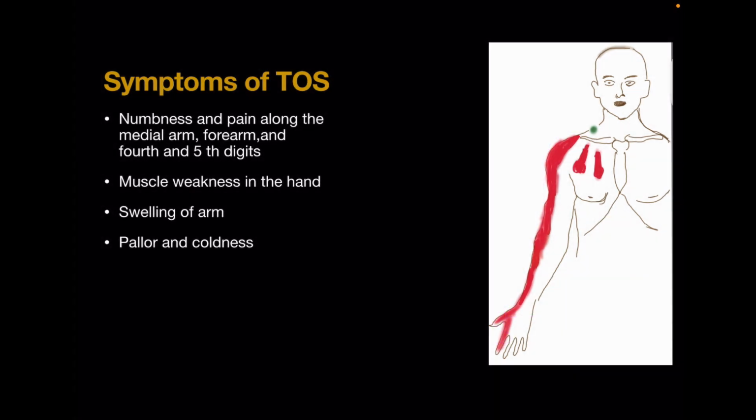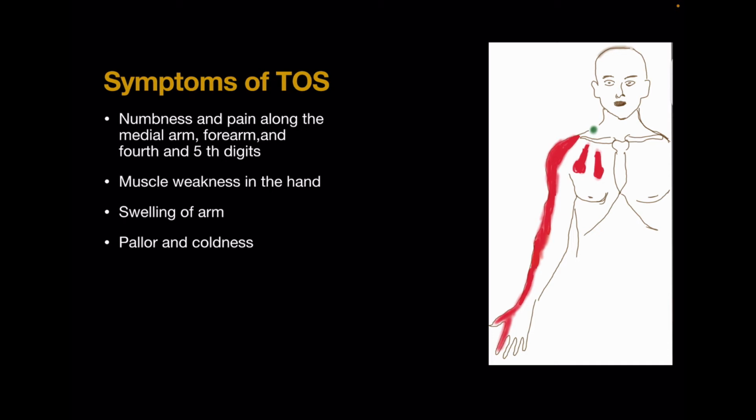Now the second symptom of thoracic outlet syndrome is muscle weakness in the hand. It happens because the intrinsic muscles are innervated by T1. So if there is compression of the inferior trunk, then you can have muscle weakness in the hand.